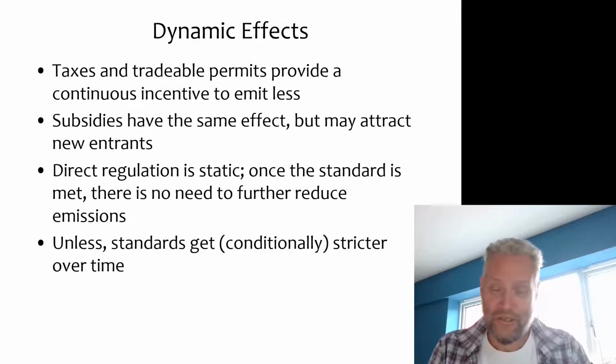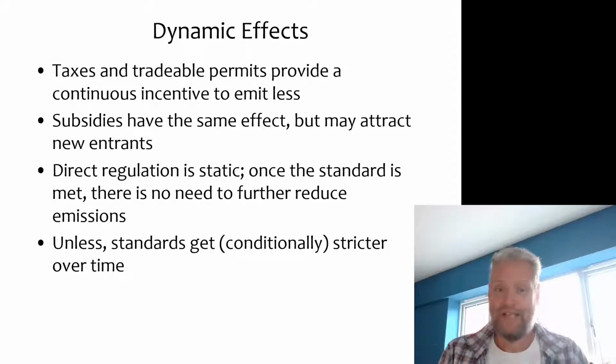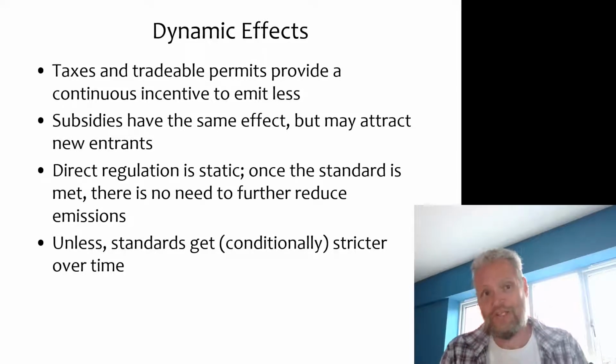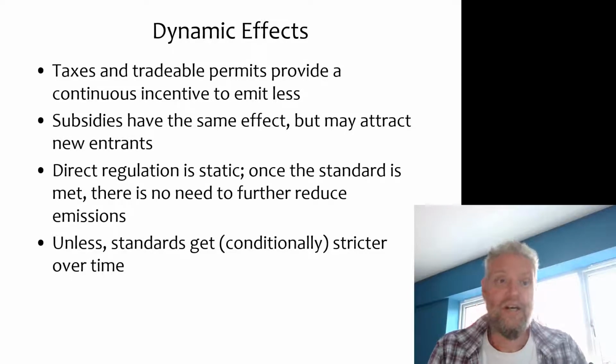And if you emit less, you can sell more permits, or you need to buy fewer. So that is a good thing. The same is true in principle for subsidies. You create a continuous pressure to keep on reducing emissions, but of course subsidies increase the profitability of your polluters and therefore attract new entrants and new capital into this particular industry.